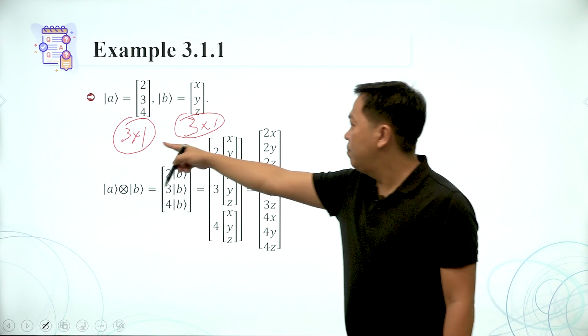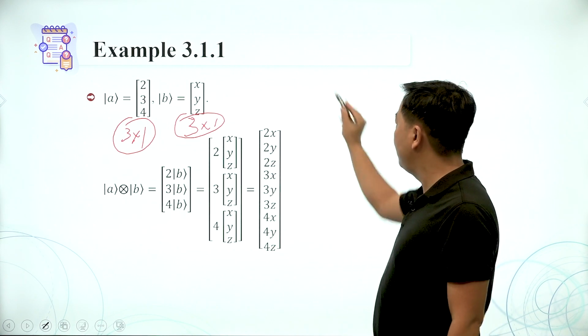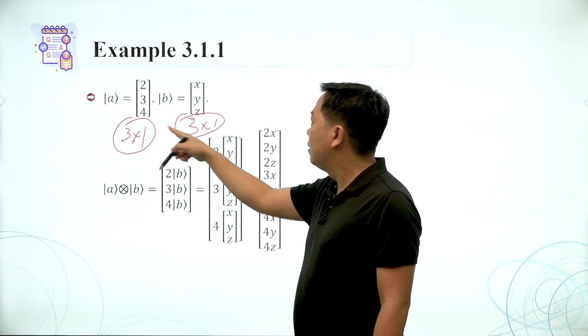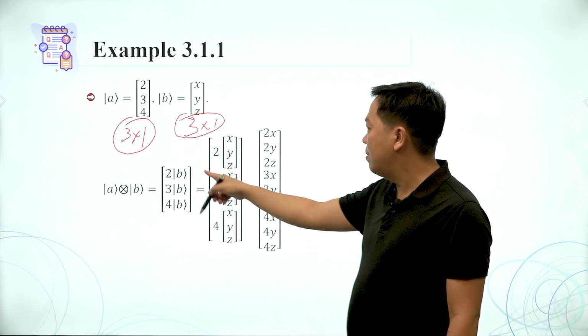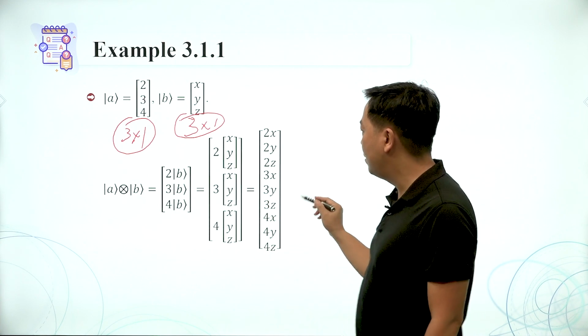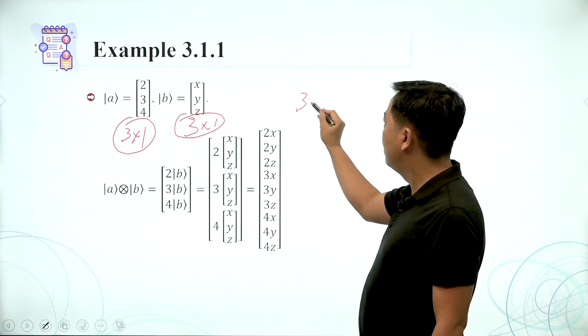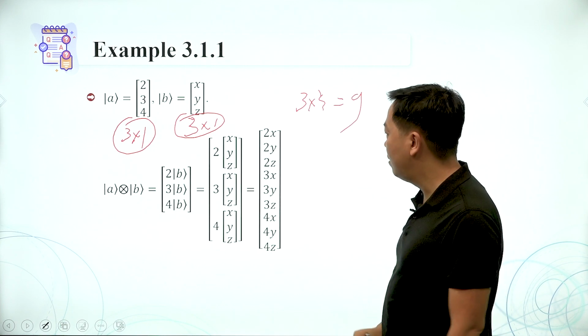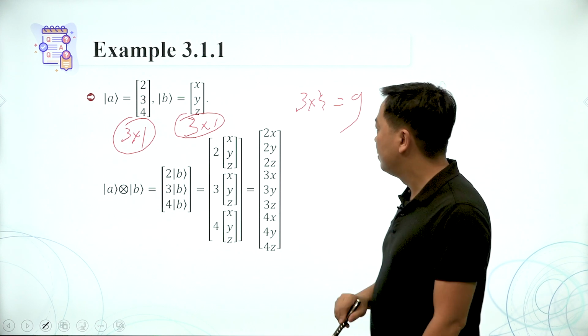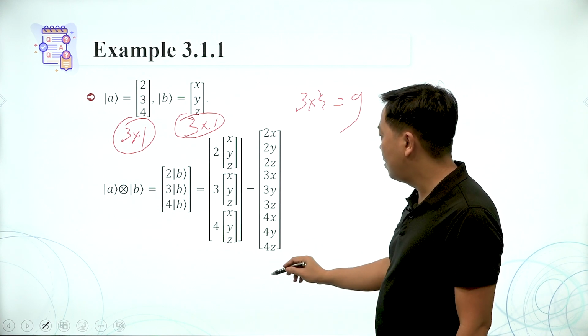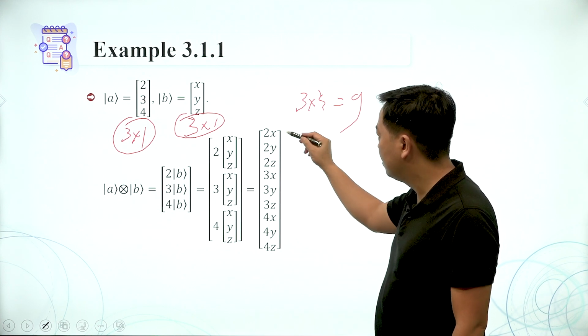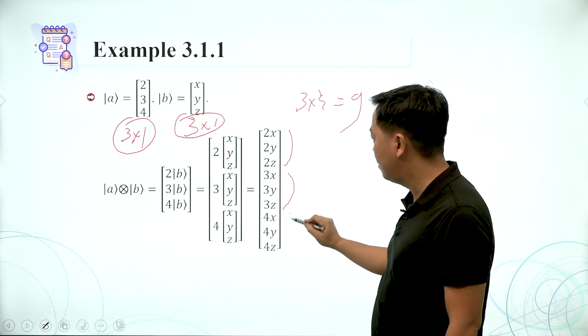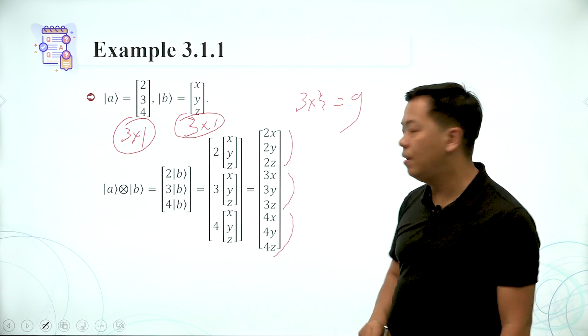After we multiply, we have a total of 9 rows in one column, because we have this 3 and this 3.